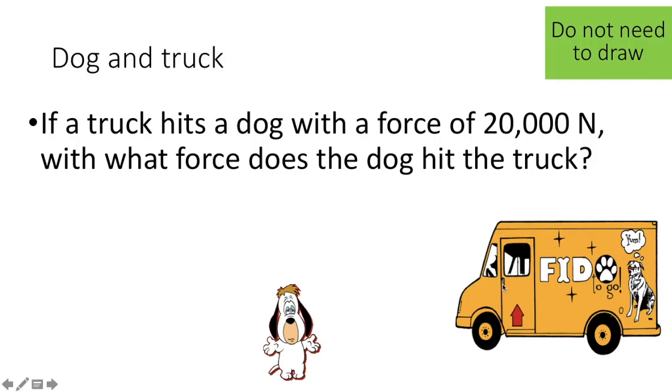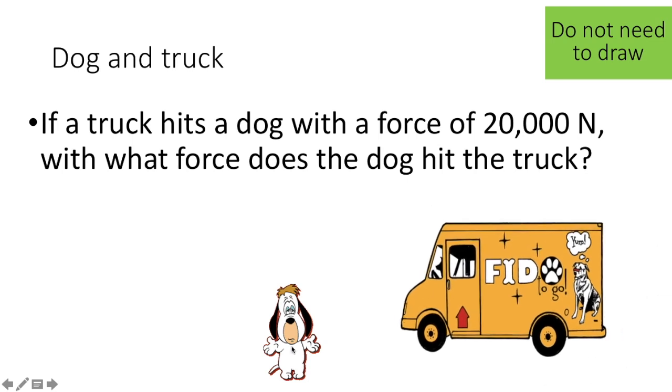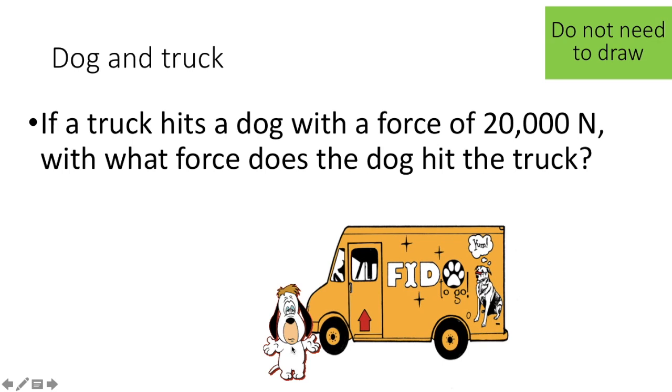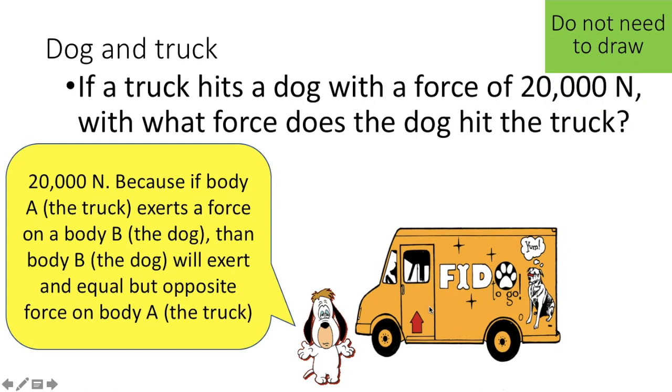Here we have a truck and a dog. If this truck hits this dog with a force of 20,000 newtons, with what force does the dog hit the truck? Now this might seem like a strange scenario, but if you thought about it, the dog would actually hit the truck back with the same amount, 20,000 newtons.